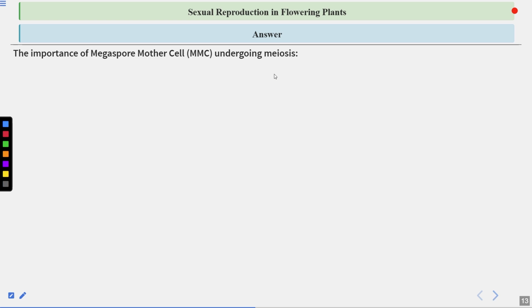The answer: the importance of the megaspore mother cell undergoing meiosis. First, it produces haploid cells, because it is undergoing meiosis, the reduction division. So it will later form the haploid cells that are called megaspores.